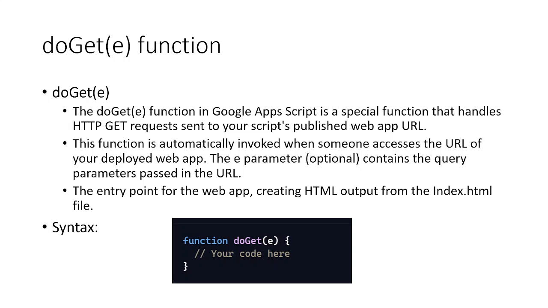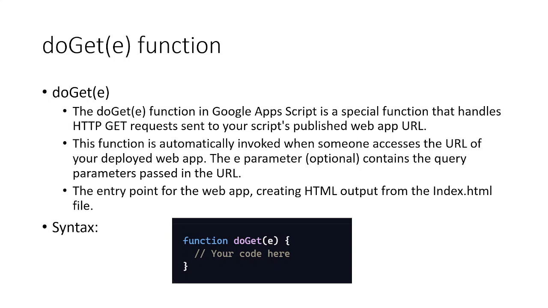In our example, we're going to have the get request. The function is automatically invoked when someone accesses the URL of the deployed web app. It is called the entry point for the web app. If you could still remember your Java or your Flutter, they have the main function.